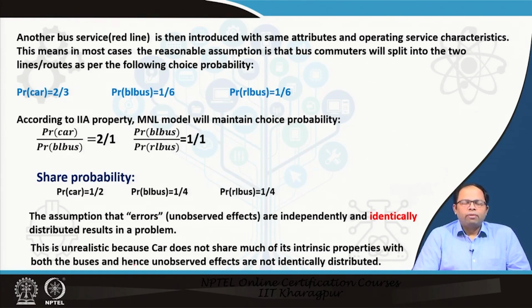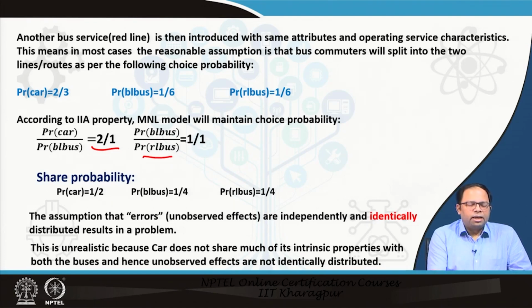But if I actually follow the IIA property, what happens? The MNL model will maintain the choice probability ratios between car and blue line bus, and also between blue line bus and red line bus. When we talk about car and blue line bus, the ratio was 2/3 by 1/3, which is 2. And between blue line bus and red line bus, it is definitely 1, because they are both the same.